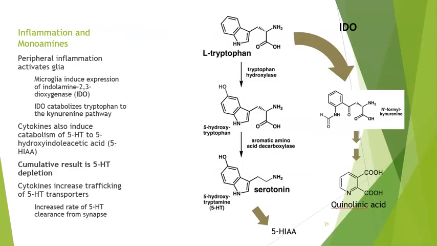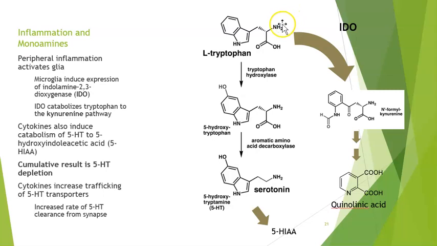So what if we combine the inflammation theory with the monoamine theory? Here, we know that peripheral inflammation activates the glia. So the microglia induces an expression of indoleamine 2,3-dioxygenase, or IDO.